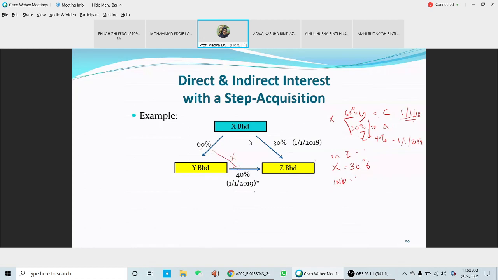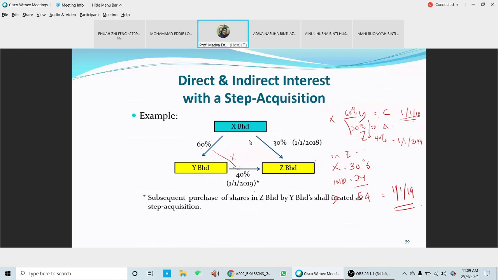So they're going to have another 24%. So 24%. Now the parent has a share of 54%. So the parent has control on 1st of January 2019. This is what we have by step acquisitions.